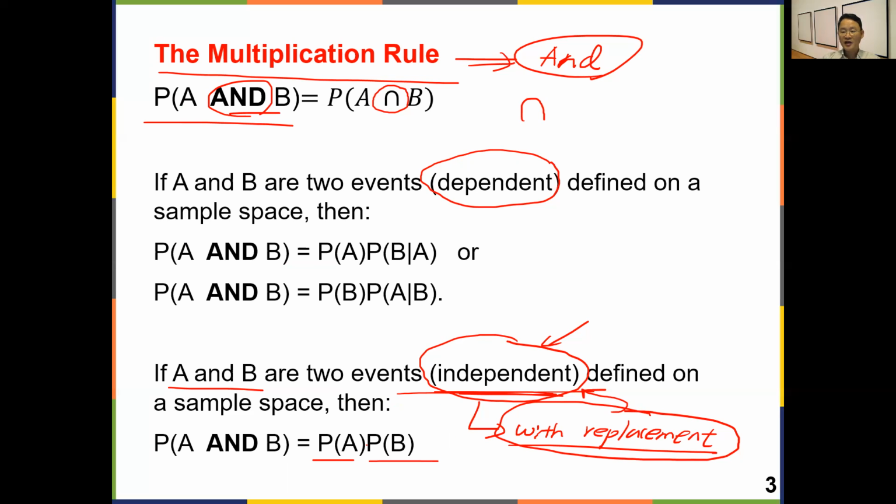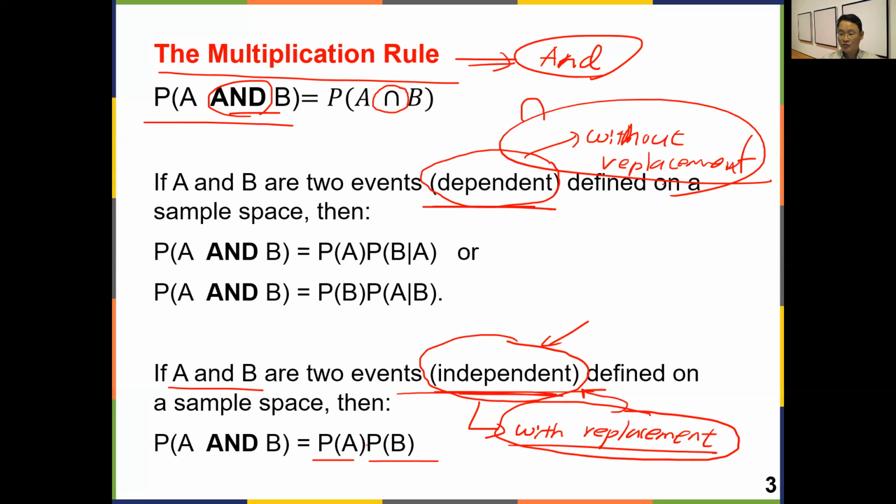Now, if they are dependent events, then the other word that we see is without replacement. Whenever we see without replacement, that means we are dealing with the dependent case.